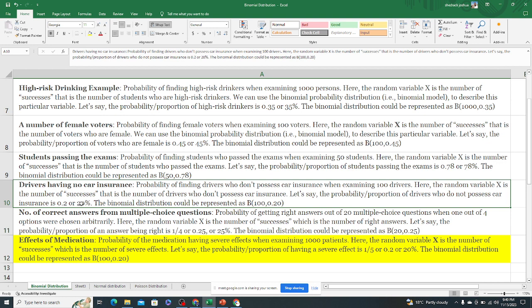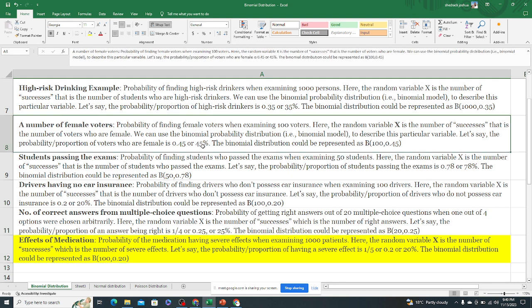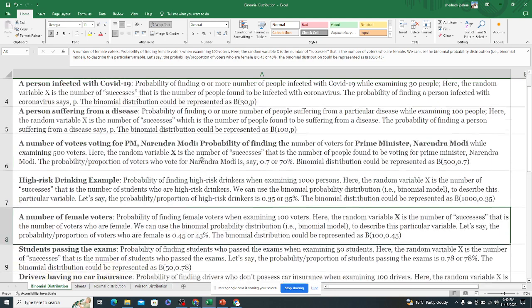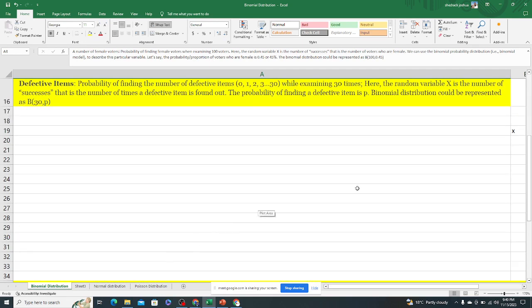So of course here you are going to use probability of 20%, as well as here probability of 20%. Here you are going to use probability of 45% or 0.45. So it all depends. Okay, you can be given probability values.